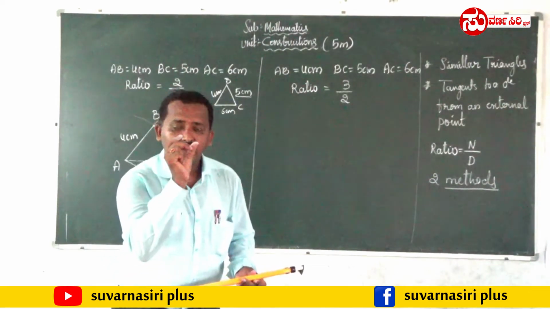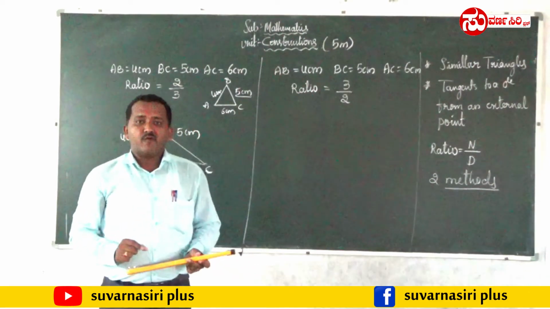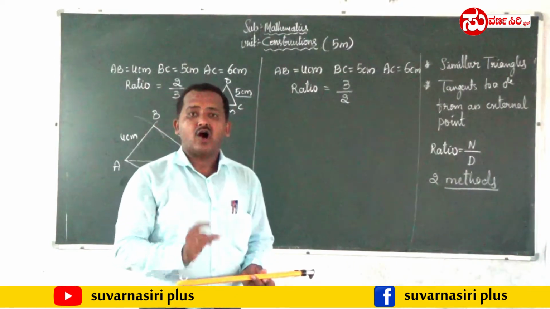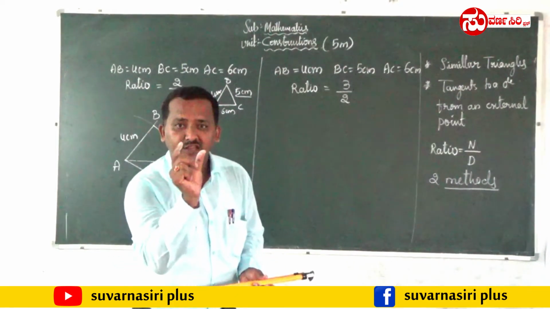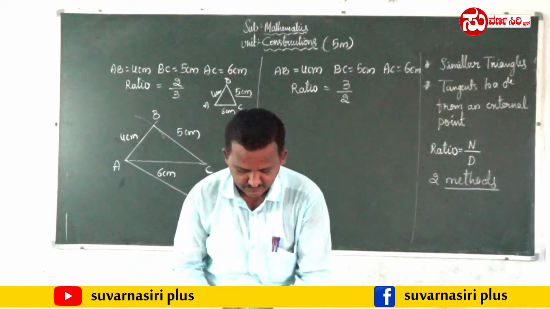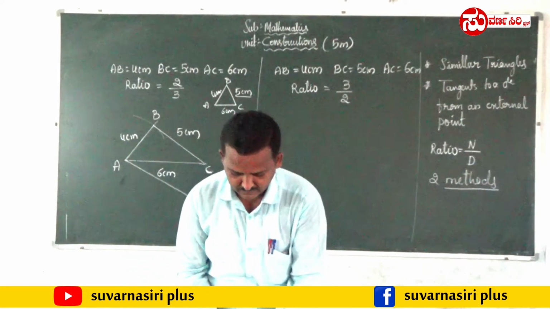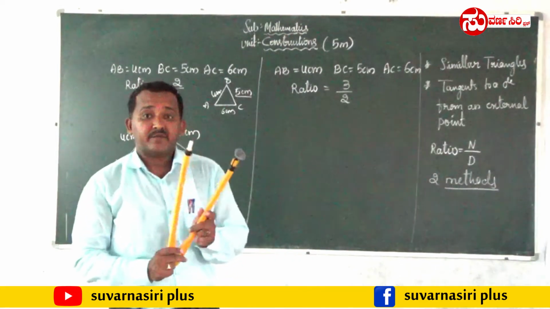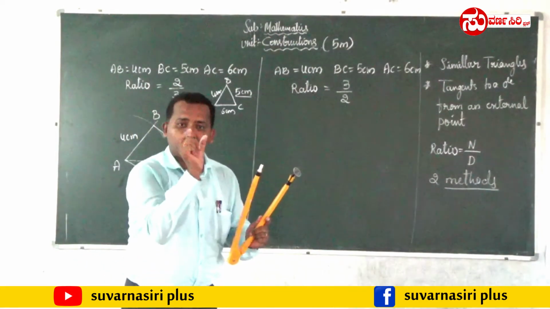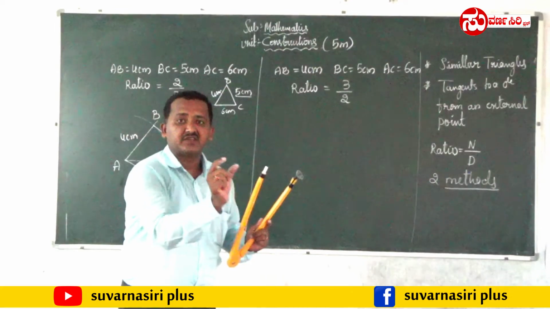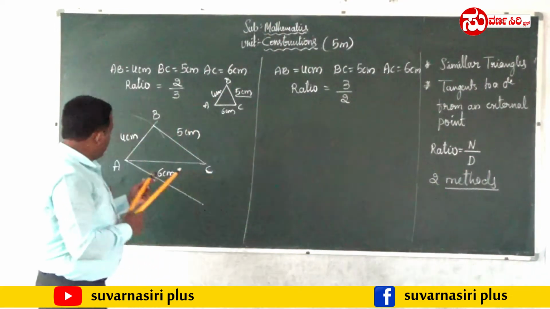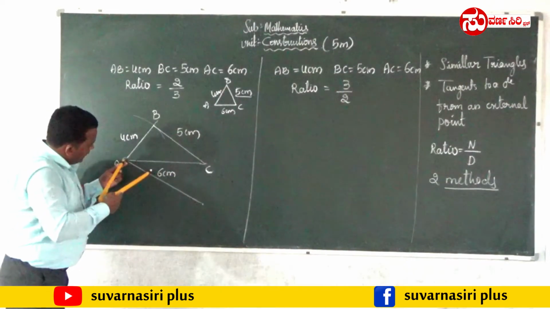So you take one standard measurement. While you are using it on your papers, take 1 centimeter or 2 centimeter as one unit. The measurement you are taking in your compass should be standard. Fix it once, whether it is 1 centimeter or 1.5 or 2 centimeter, and draw the arcs.